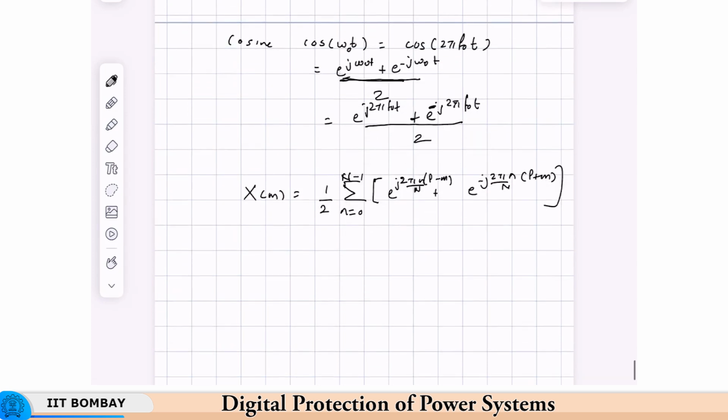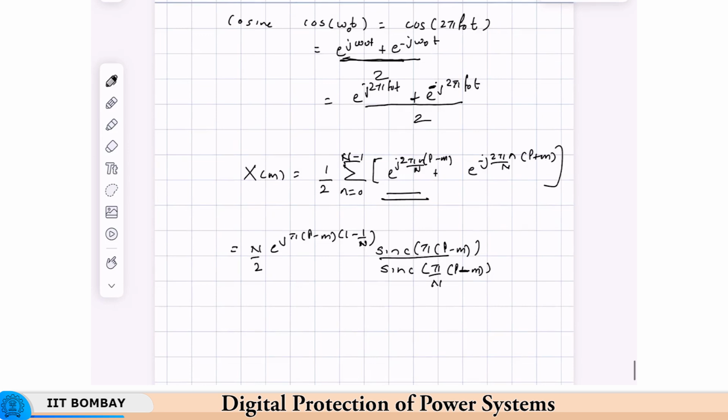Okay, so this gave us n by 2 e raised to j pi p minus m into 1 minus 1 by n. This part we already knew, this part sinc of pi p minus m upon sinc of pi by n, p minus m.